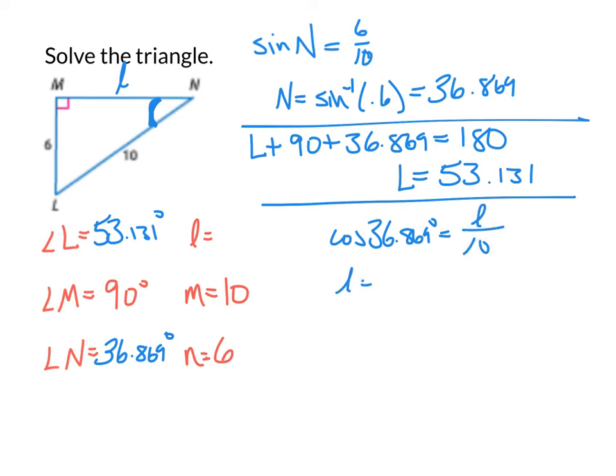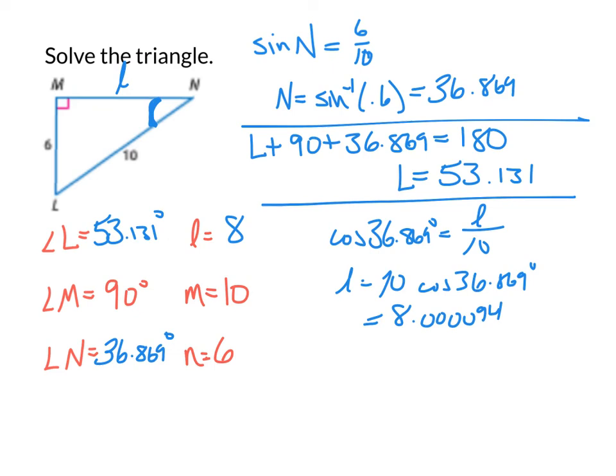So L is 10 times the cosine of the 36.869 degrees. And let's go tappy tap on the calculator, and we get an answer of 8.000094, which when we go to 3 decimal places is just 8.